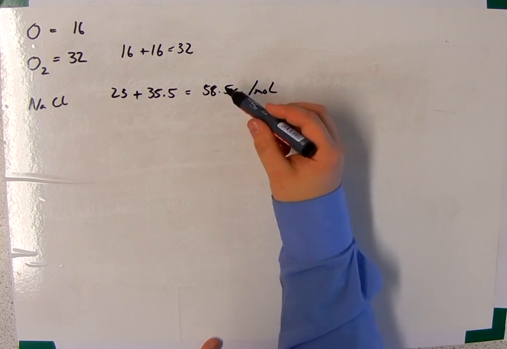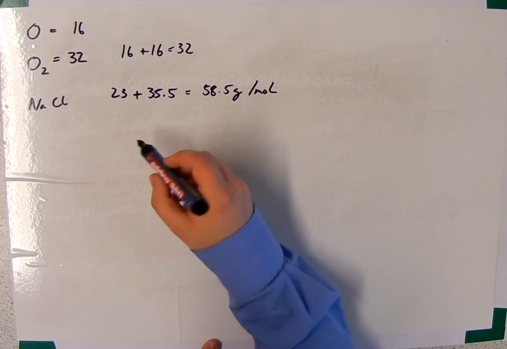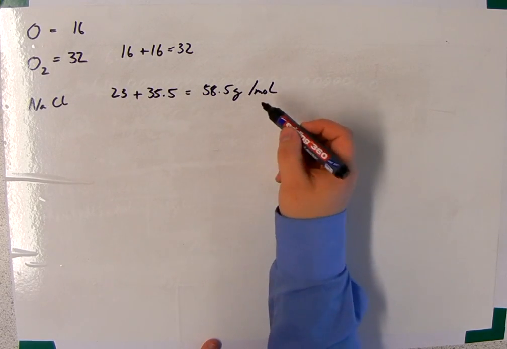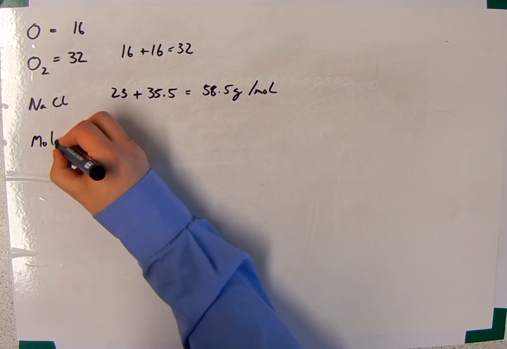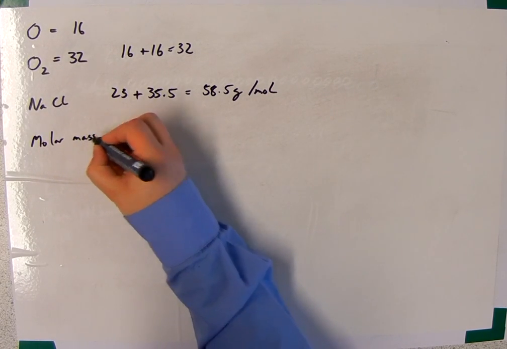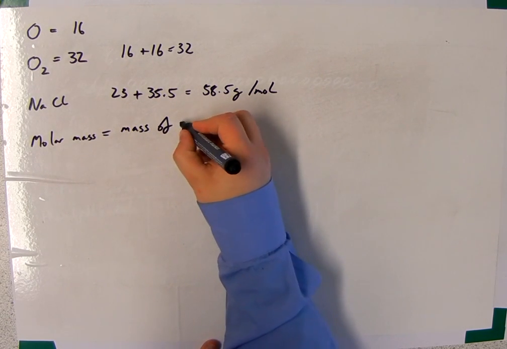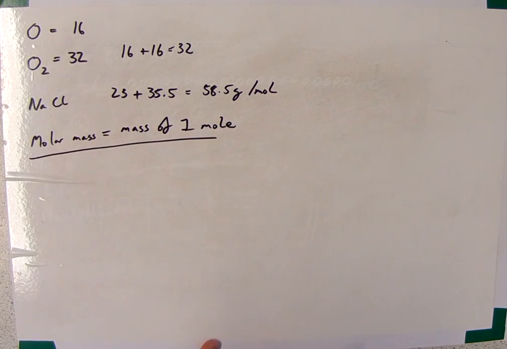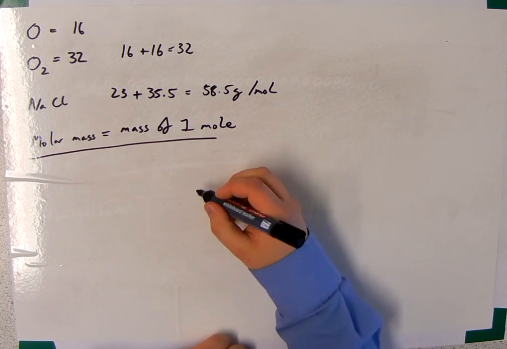Every mole equals 58.5 grams. That is its molar mass. The mass of 1 mole of substance is the molar mass. That's key.